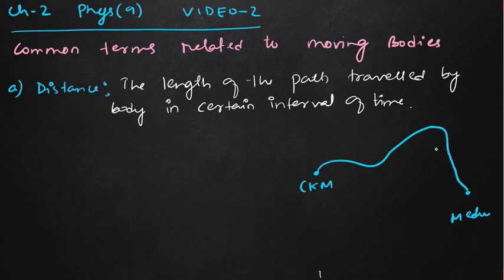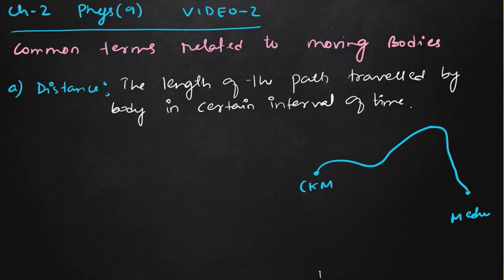So this total distance from Chokam to Medu is called our distance. So what is distance? If you look at the definition, the length of the path traveled by a body in a certain interval of time is called distance. That is the total length. This total distance traveled from Chokam to Medu is known as our distance.